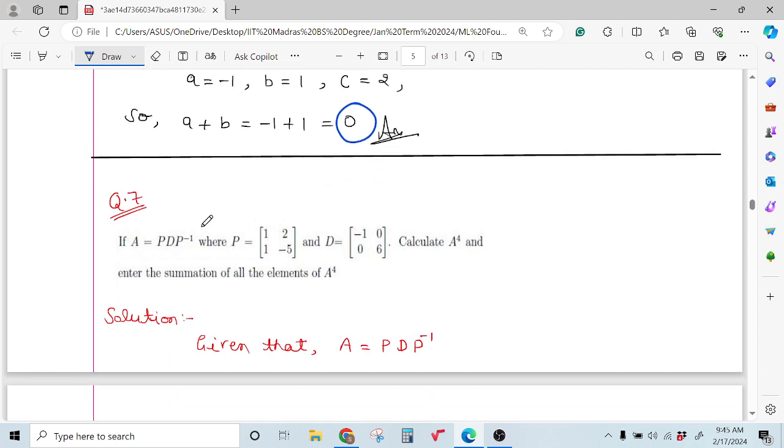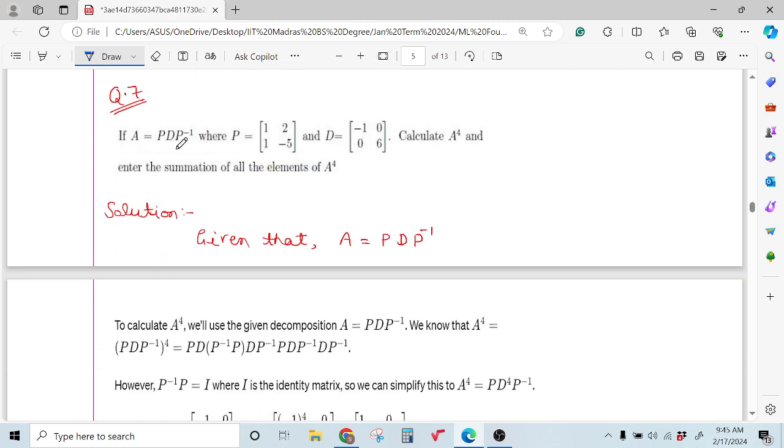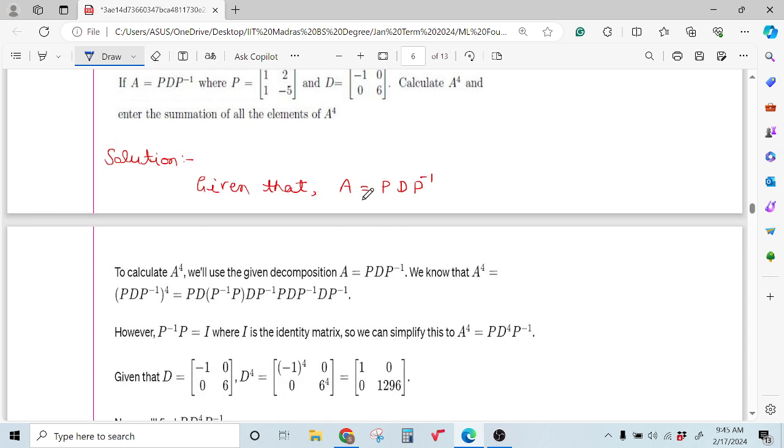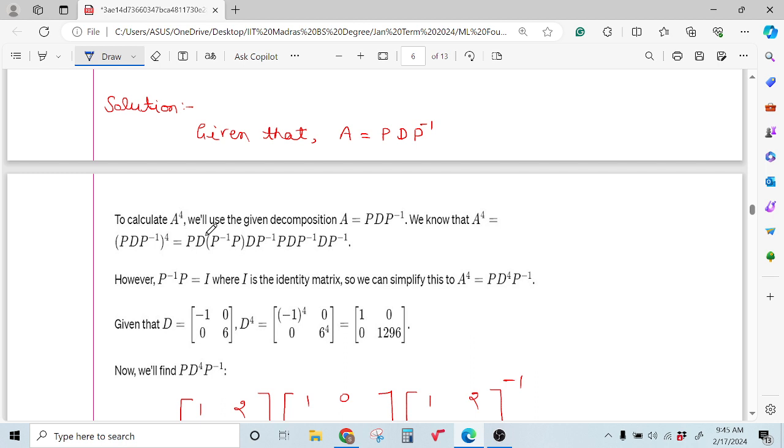Problem number 7. If A is equal to PDP inverse, where P is equal to this and D is equal to this, calculate A to the power 4 and enter the summation of all the elements of A to the power 4. Given that A is equal to PDP inverse, to calculate A to the power 4, we will use the given decomposition.